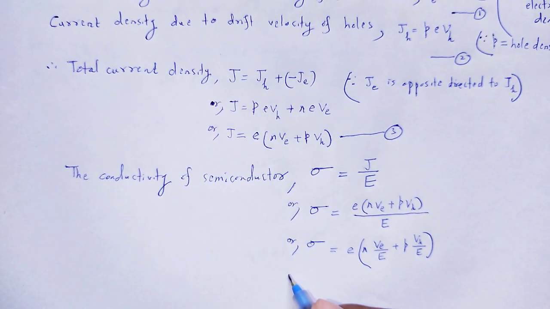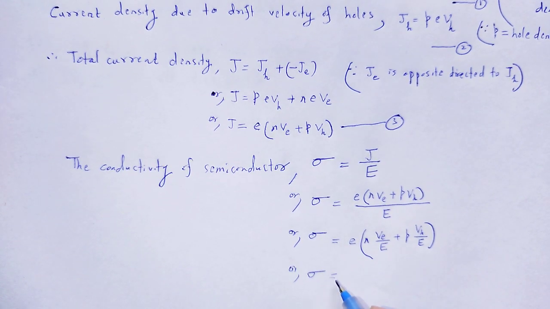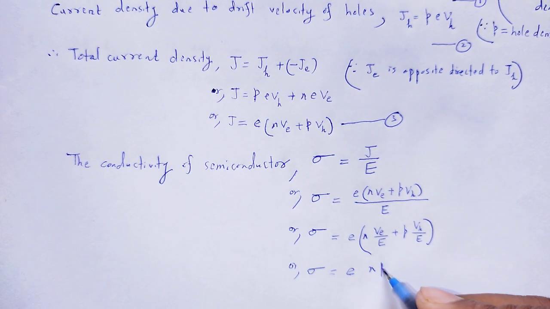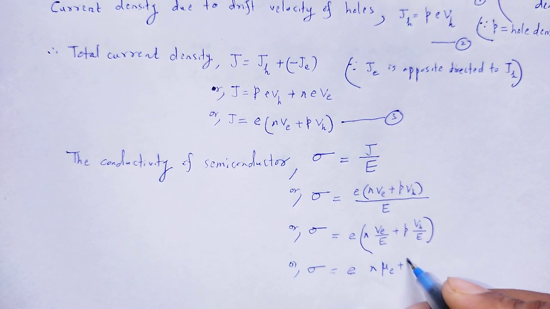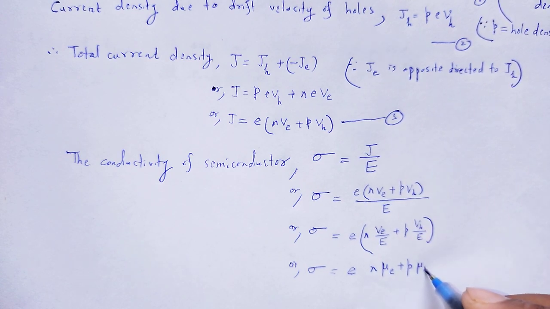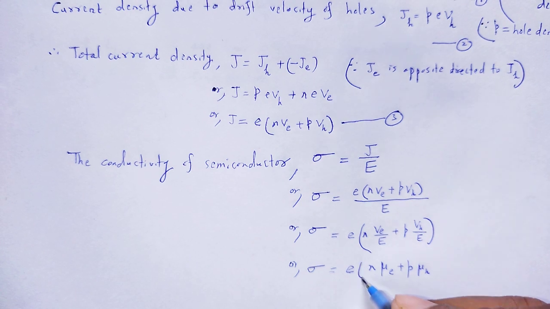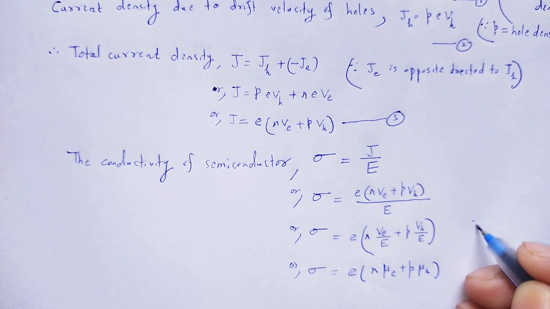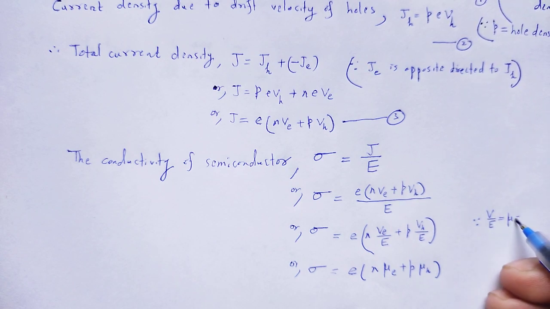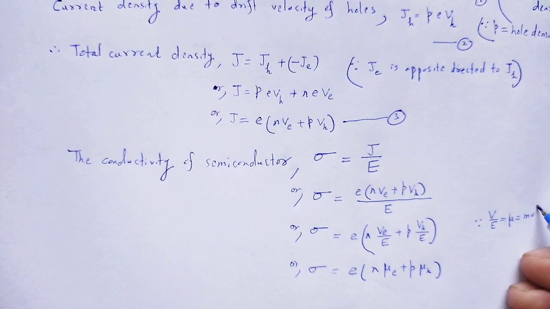Therefore, electrical conductivity sigma is equal to e(n in place of V_E by E, that is mu_e, plus p in terms of V_H by E, that is mu_h). Here we define V by E is equal to mu, that is the mobility.